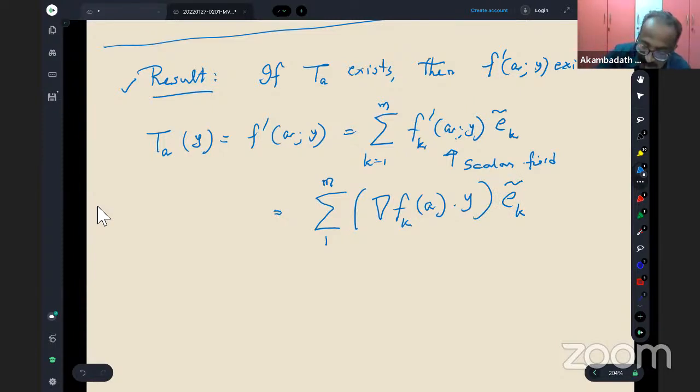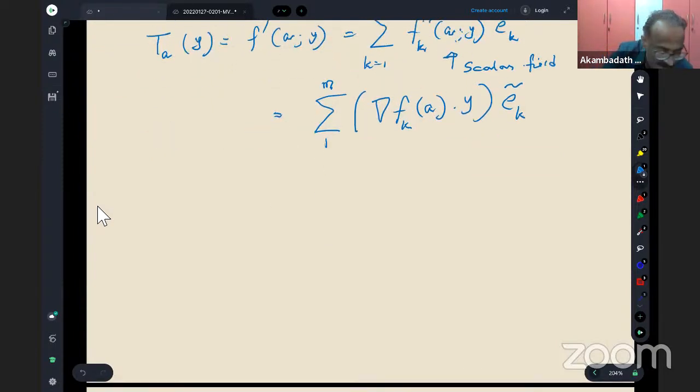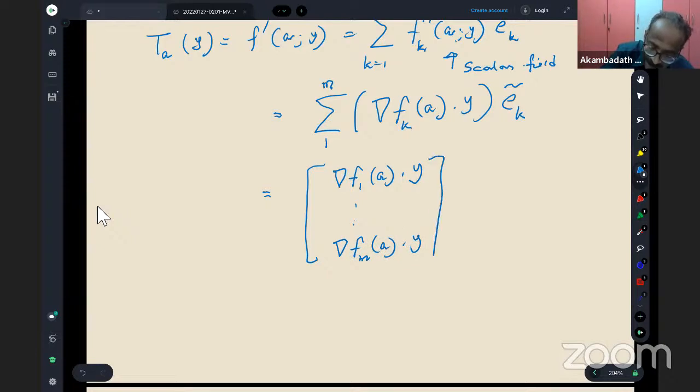So if you want it in an expanded notation, this is nothing but gradient of f1. So the first component, gradient of f1 at A dot y, etc., gradient of fm. Now look at it. Each one is a dot product.